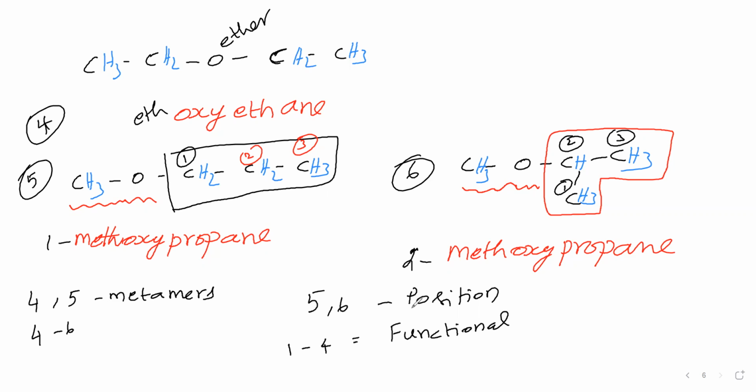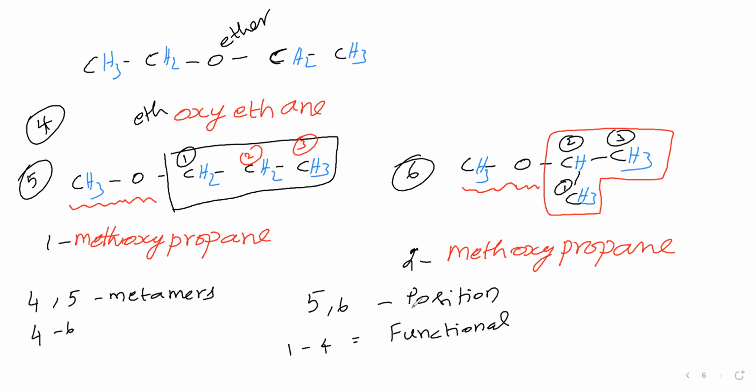Functional isomers means functional group is different. For alcohol, what is the functional isomer? Ether. It is one possibility. Always not like this. So for alcohol, ether is the functional isomer. For ether, alcohol is the functional isomer.